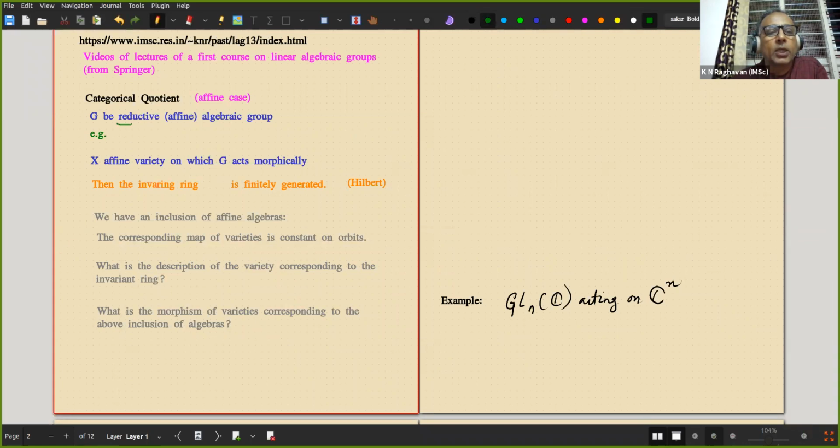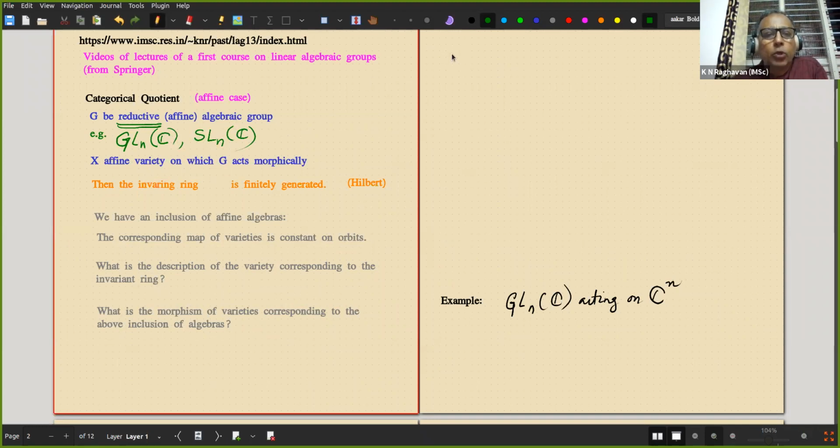Again, maybe it's not defined very well, not defined at all, but we'll not worry about it and just say that GL_n(C), SL_n(C), things like this are examples of reductive algebraic groups.